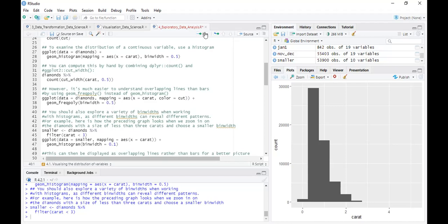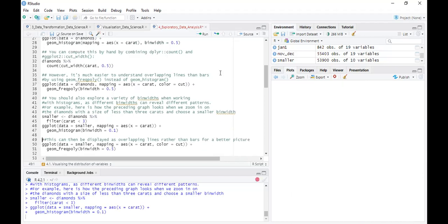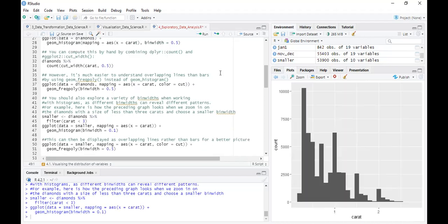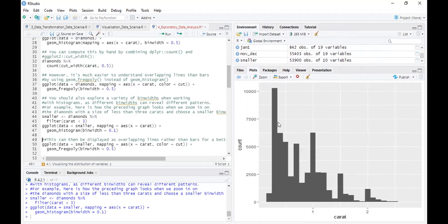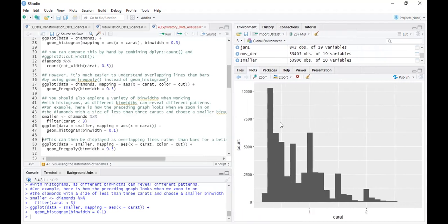And if we run it to observe it plotted, we can now see that we have reduced the carat to less than 3. And now the display has completely changed. So remember when I was talking about how you can have the bell curves and you can have the skew to one side.